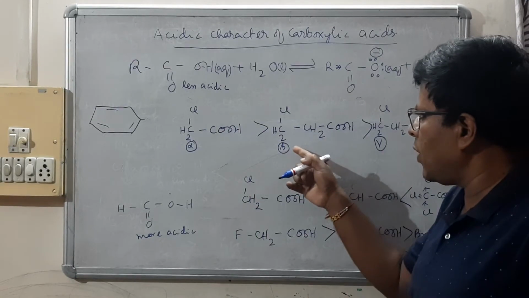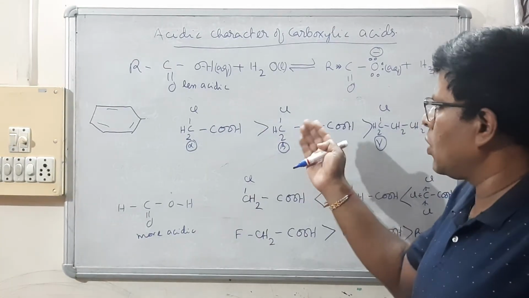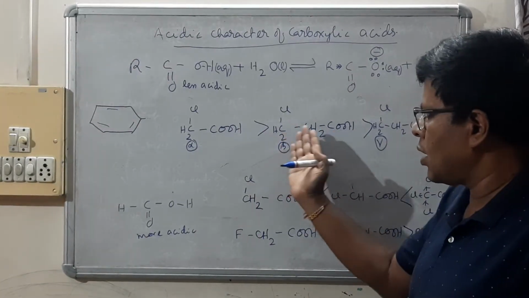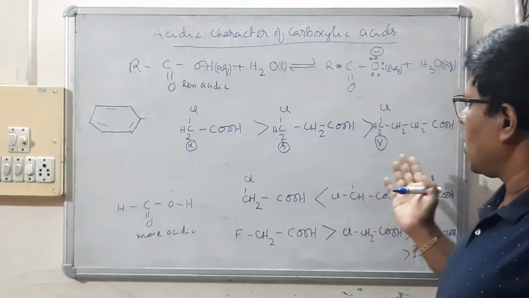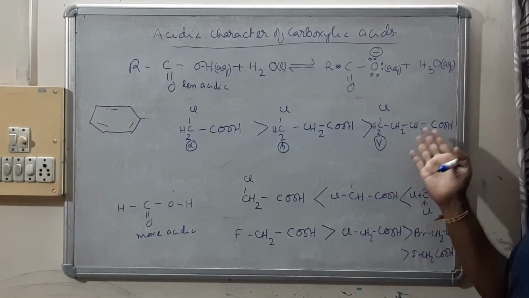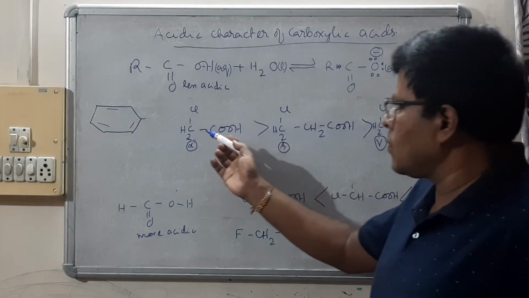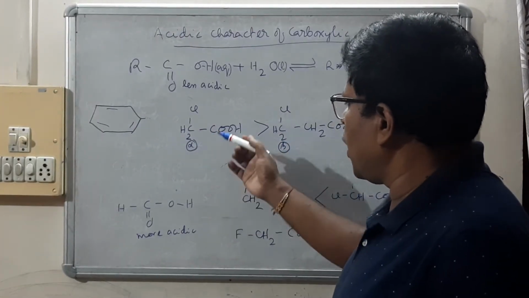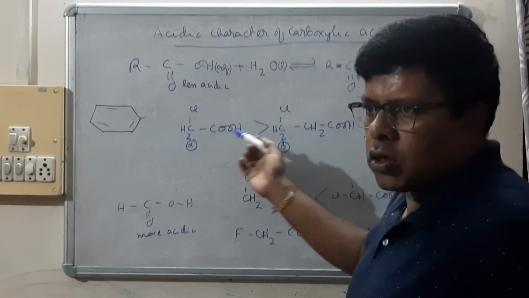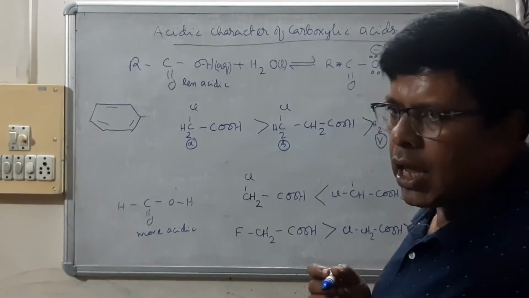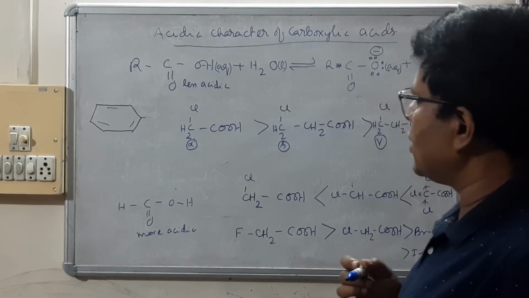Here the minus I effect will be slightly less because the distance has become more. Here the minus I effect will be even less. So in this way we can explain the acidity order of these halogen acids.